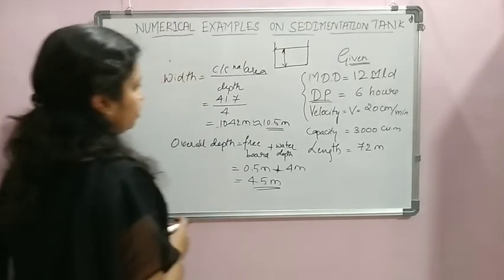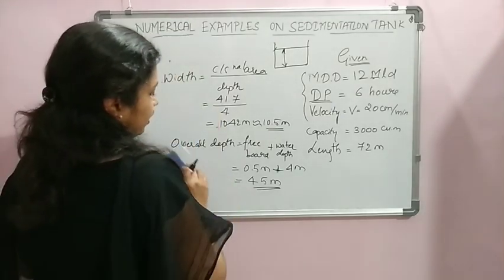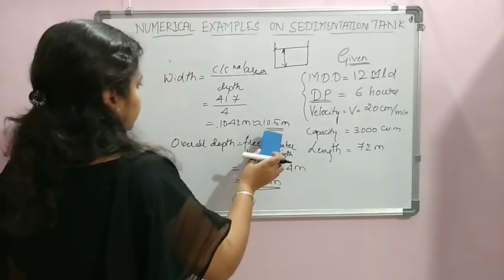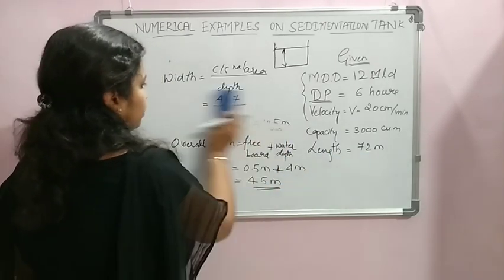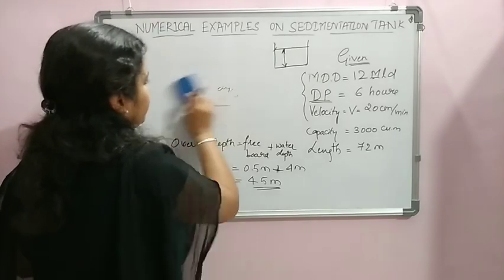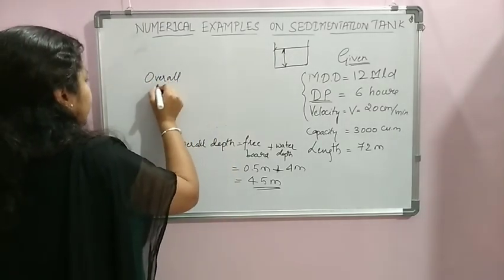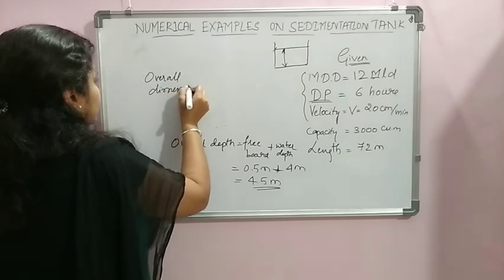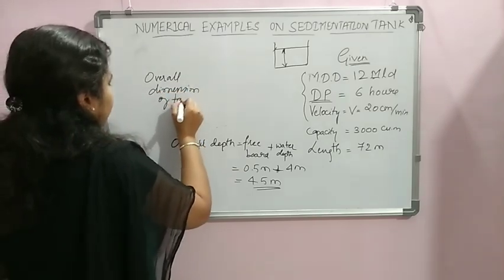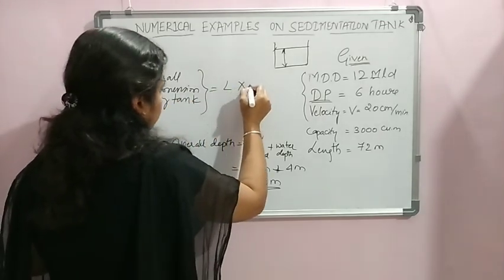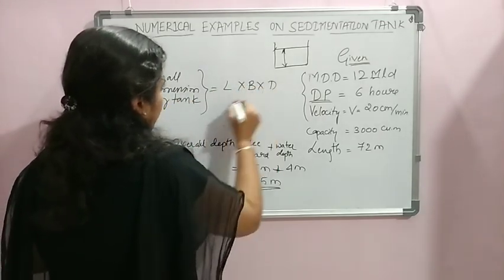So we got all the dimensions that are required for the tank. Here are the dimensions: the length of the tank, the width of the tank, and the depth of the tank. So here we can write the overall dimension of the tank, length into breadth into depth.